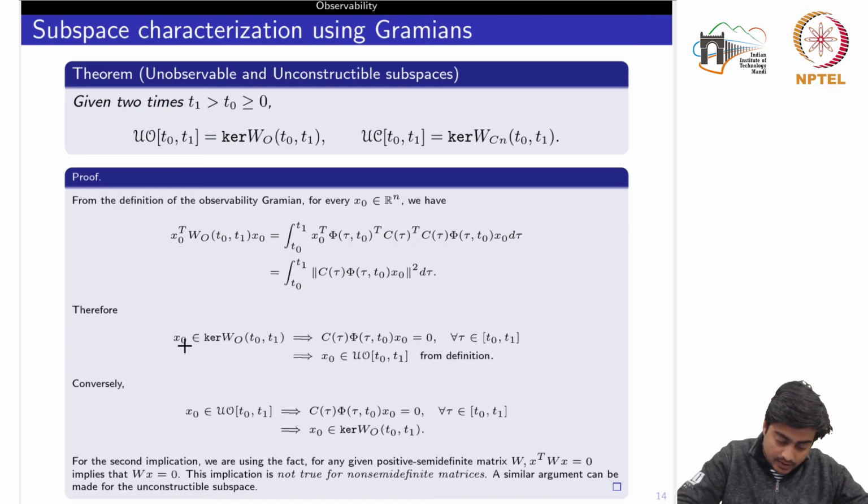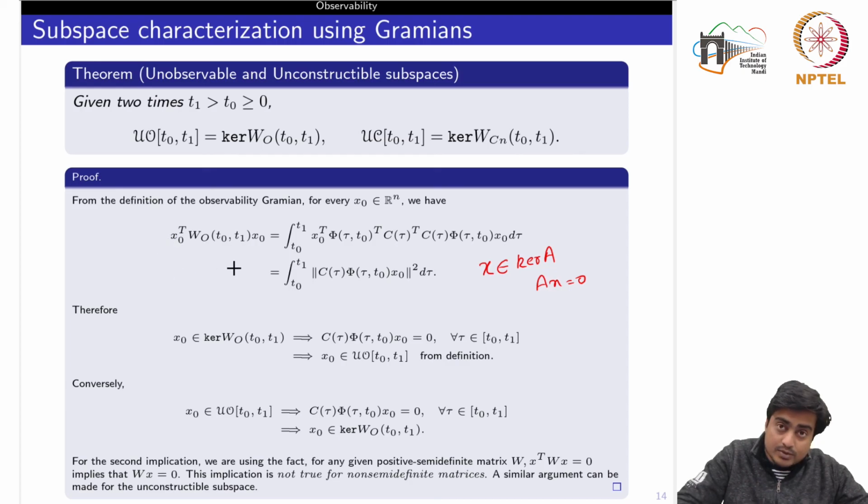So let's see. If x naught belongs to the kernel of this WO, then, if you remember, if an element belongs to the kernel of any matrix A, it means that A of x is equal to 0. So WO x naught would be 0, and then this left hand side term would become equal to 0.